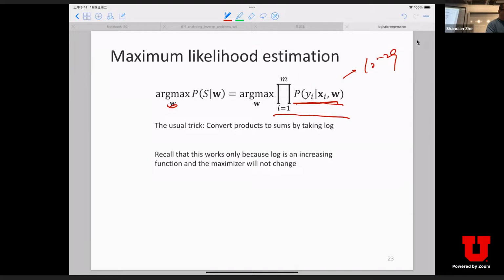So to be numerically stable, a commonly used trick is to convert the products to sums by taking the log. We can take a logarithm over that. Why can we take a logarithm? Because logarithm is a monotonically increasing function. If you take a logarithm and do the maximization or minimization, it doesn't change the optimal value at all.